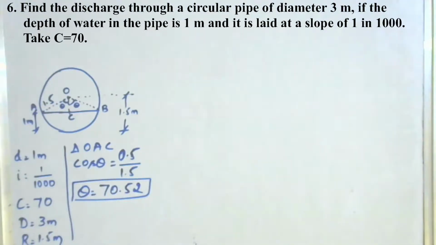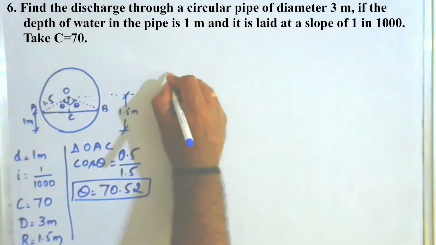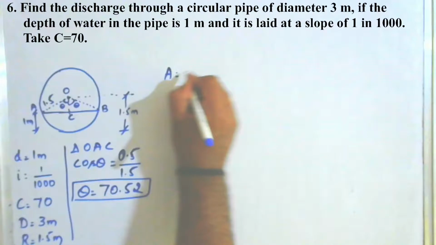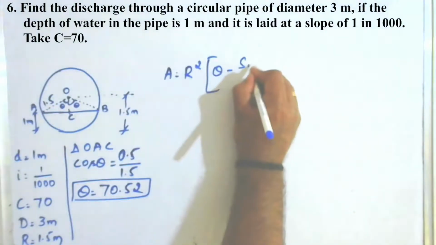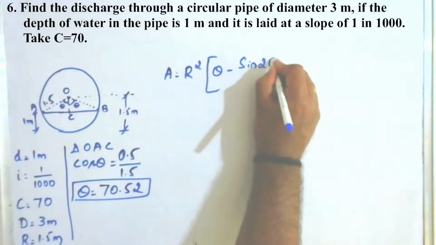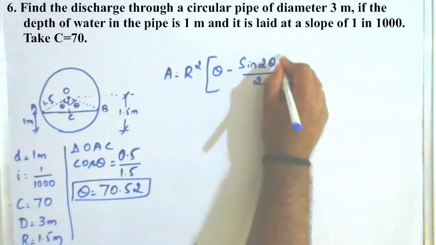Why we have to find the value of theta? Because area as well as wetted perimeter and the hydraulic mean depth depend upon theta only. If you find the value of theta, you can find the area, wetted perimeter and all, because in this problem you have to find the value of discharge. So the area formula for the circular section is r square into theta minus sine 2 theta divided by 2.